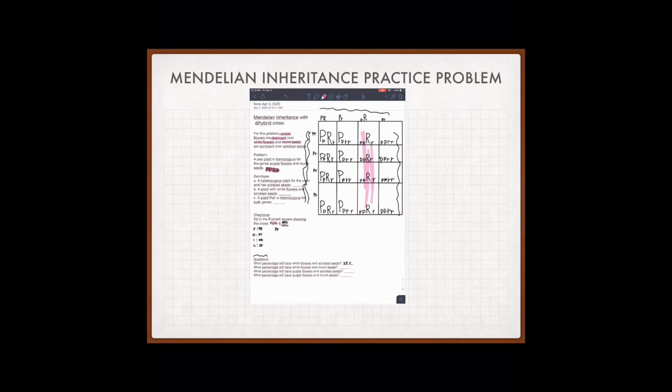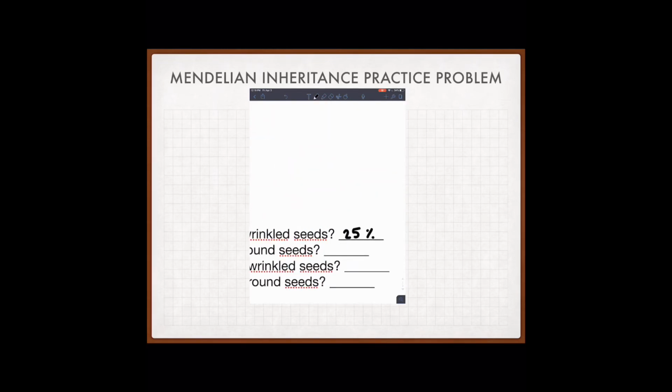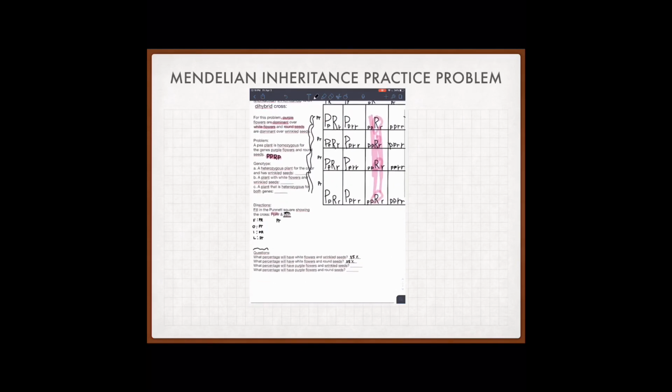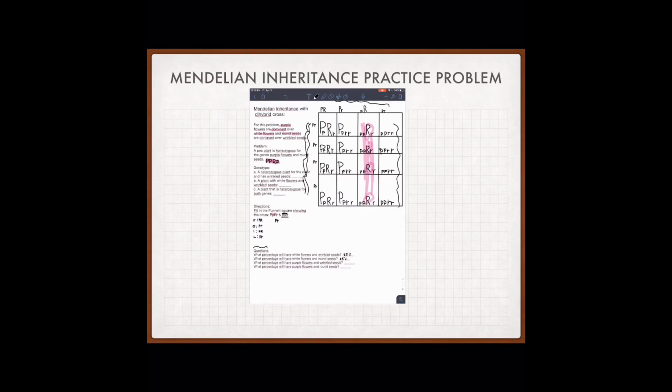And then the round seeds are dominant over the wrinkled seeds. And as we can see, all of these have big R's. So that's going to be another 25% out of the 100.